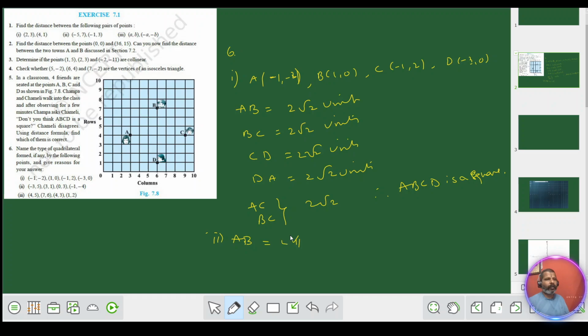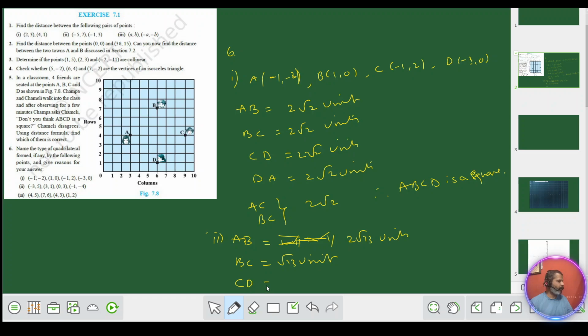Sorry, AB will be 2 root 13. BC will be root 13 units.